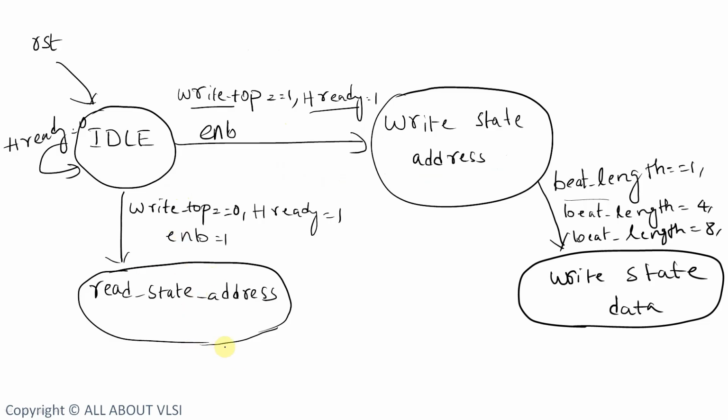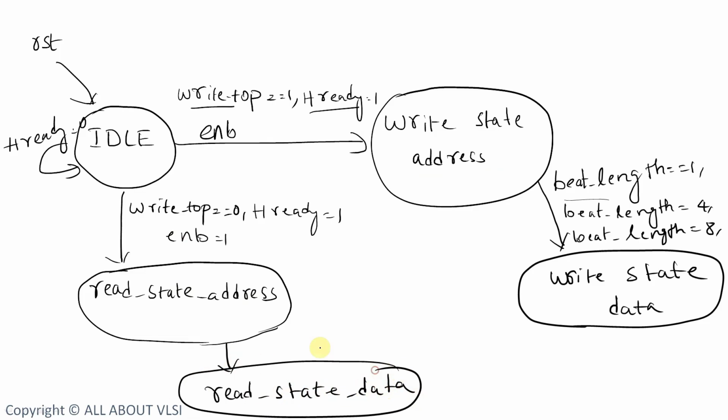Now, from this read state address, I'm going to a state which is known as read state data. When I'm going to read state data, it is again the same. Whenever my beat length is equal to 4, or 8, or 1, whatever it may be, I'm simply going to read. I'm also not checking for my HRD signal for state transitioning.